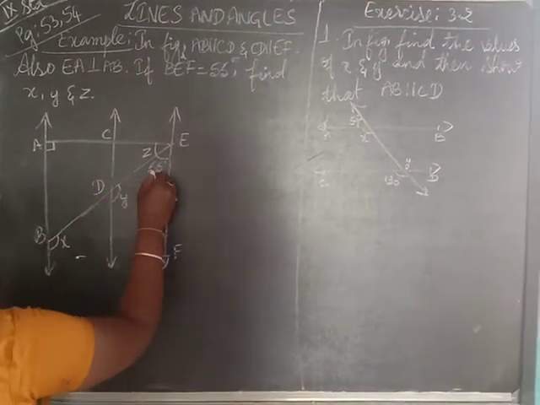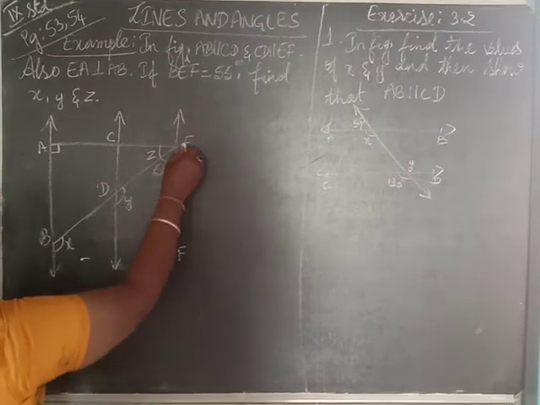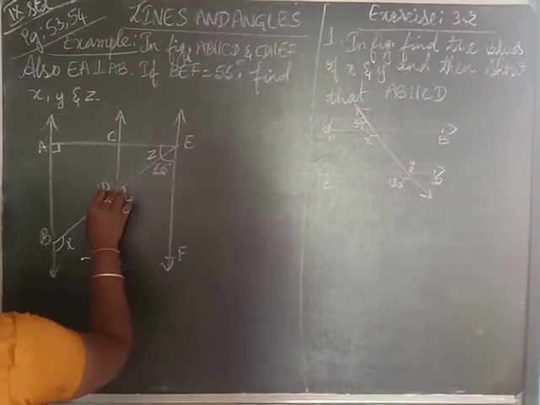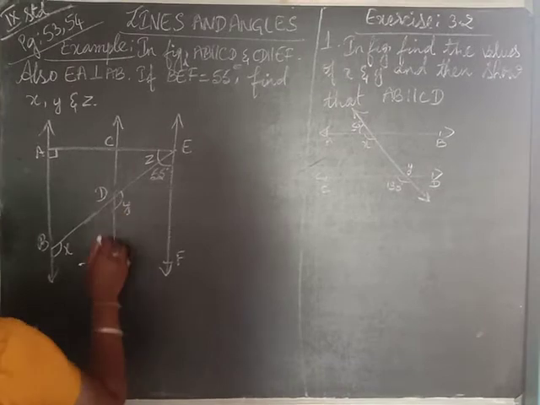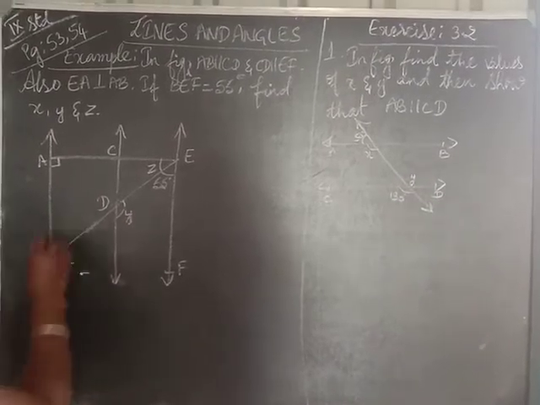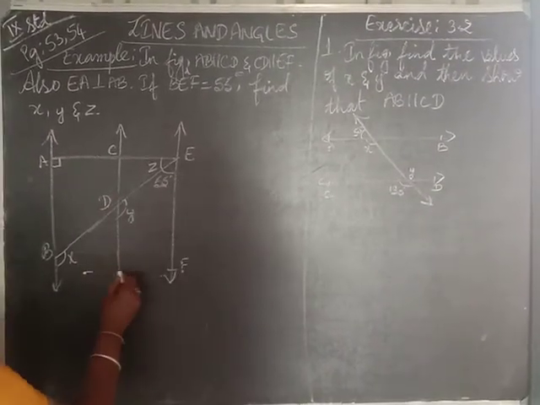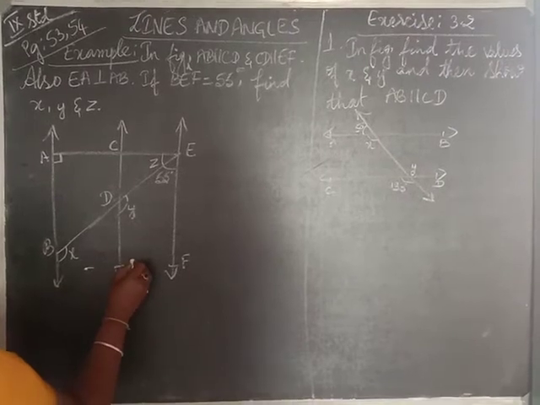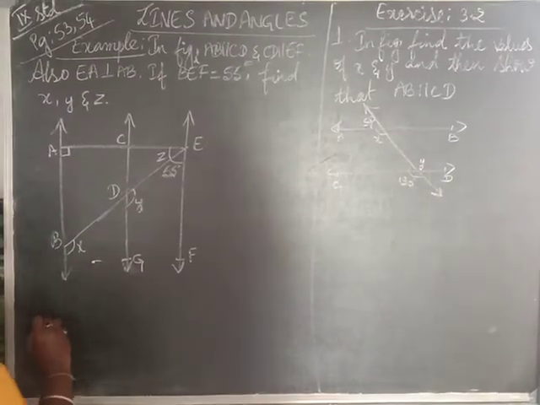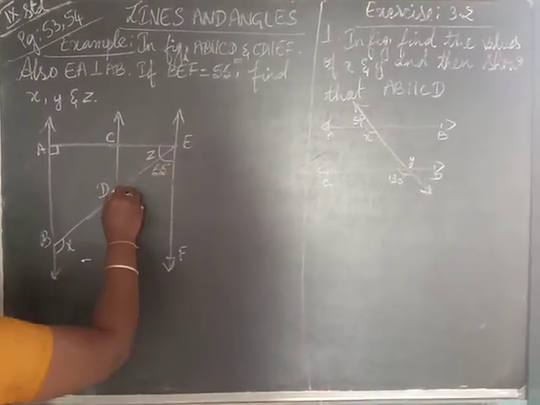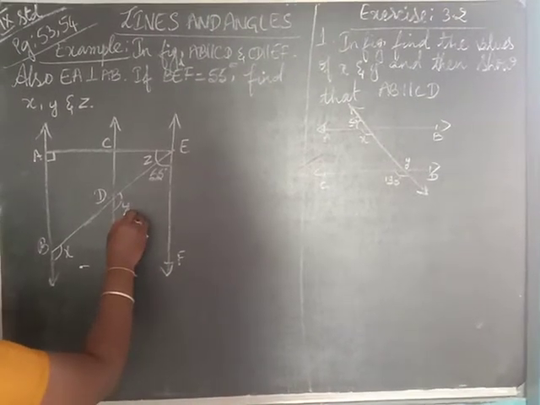FED is equal to 55 degrees, and ED, let us take this point as G. Angle EDG is equal to Y.